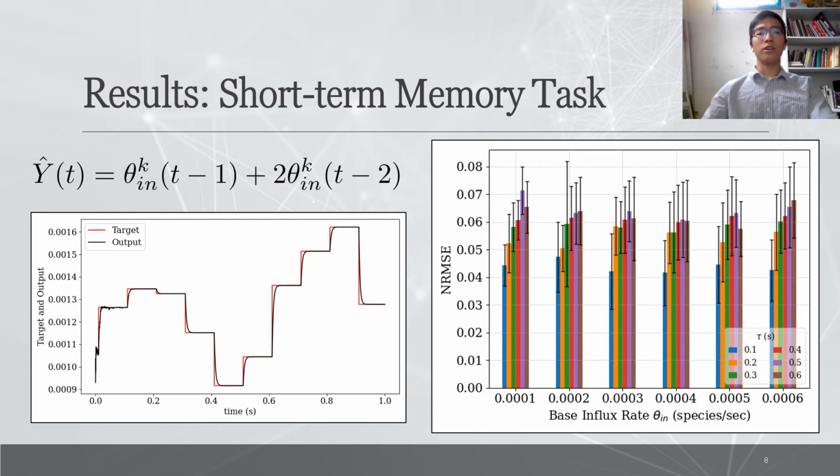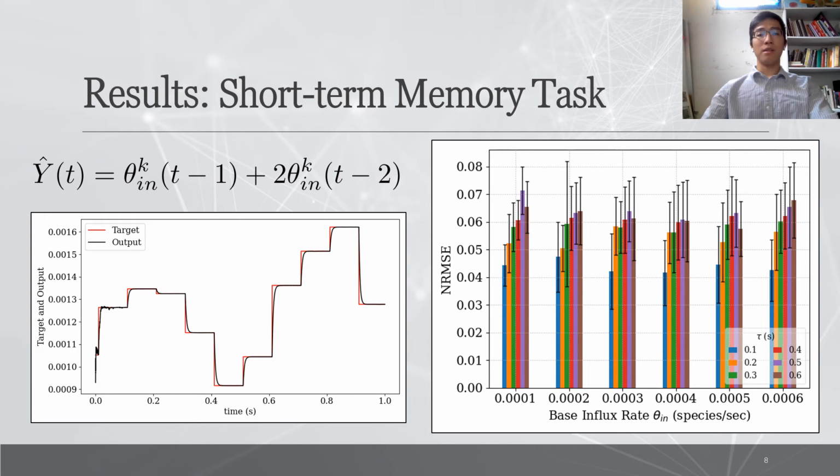For the short-term memory task, the reservoir computer is tested to remember the immediately past two inputs. The target of the short-term memory task is defined with the equation here. The left-hand plot shows the output and the target, and the right-hand plot is the mean and variance of the normalized root mean square error over 10 experiments.